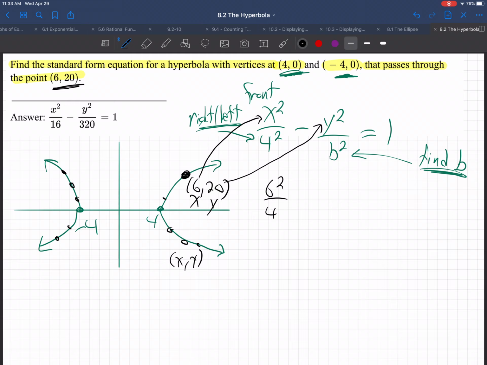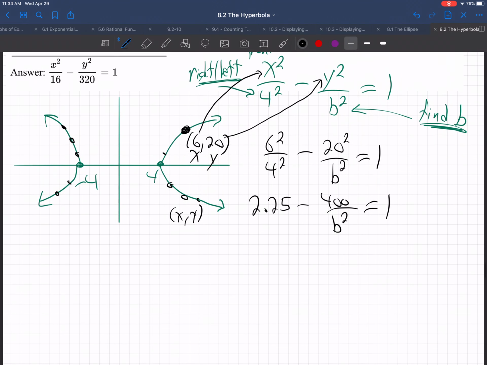So what do we get then? 6 squared, plugging in 6 for x, over 4 squared, minus y, which is 20 squared, over b squared is 1. Trying to solve that for b, so use your calculator. I'm getting 2.25 for this part, minus 400 over b squared is 1. So let's solve for b.